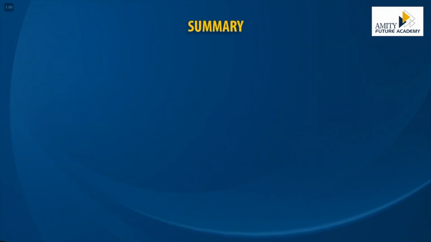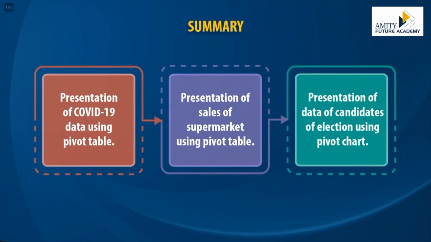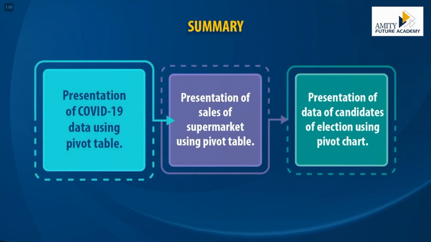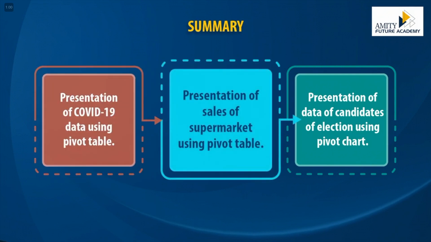So this was all about the session on pivot table. We covered three examples. The first example was of COVID data. We learned the basics of displaying the data using pivot table. The second example was of supermarket sales, where we learned the use of slicers.